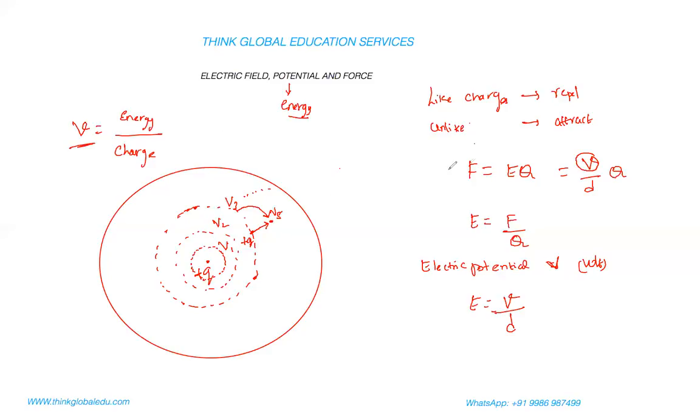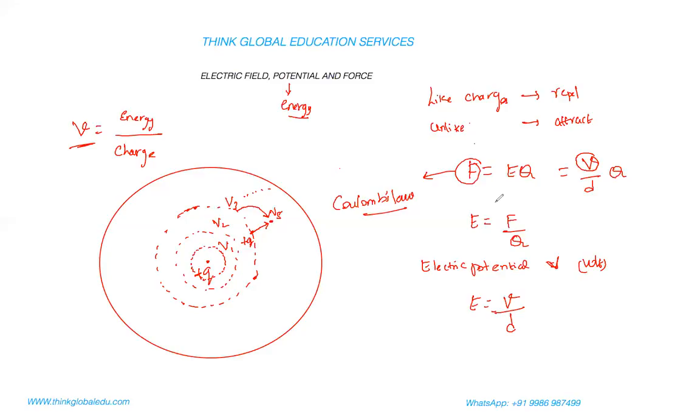In another way, we can also represent the force using Coulomb's law, which we can discuss in another video. Here we only discuss the electric field, potential, and force, and how the three quantities are related.